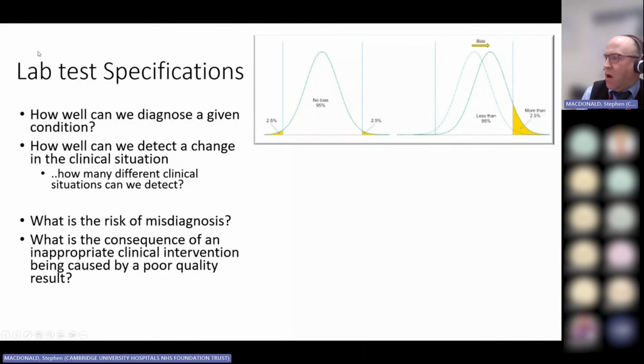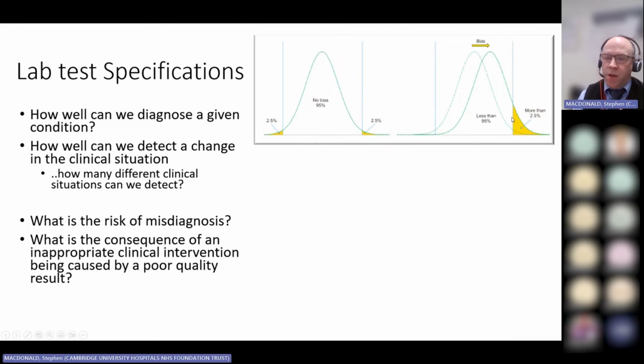So I showed this graph in the first webinar, where if we determine a reference range from, let's say, the central 95% of a reference population, we know that normal patients may well creep outside of that normal range, but once we start adding in a bias, we get an exponential increase in the amount of absolutely normal patients which are then being classified as abnormal.